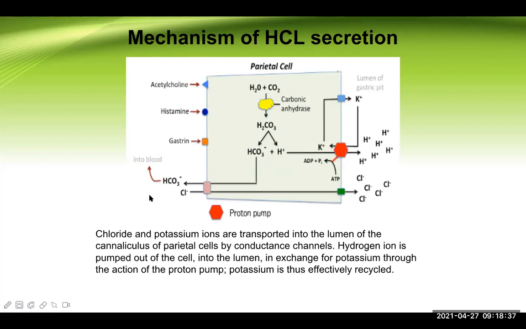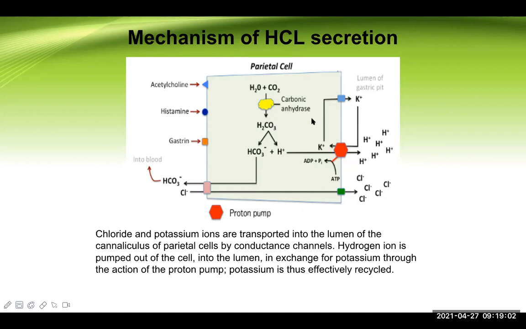This carbonic acid will again dissociate into bicarbonate and hydrogen ion. This bicarbonate ion will be recycled into the blood. See this, it is going into the blood. Whereas this hydrogen ion, with the help of the proton pump, known as the potassium hydrogen pump, is pumped into the lumen of the gastric pit. See here, lots of hydrogen ions are here.